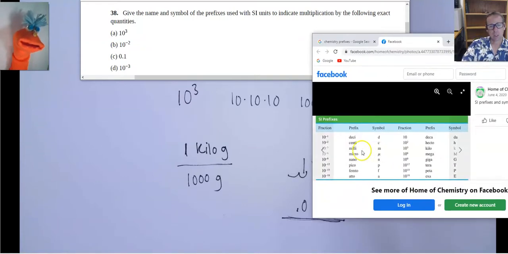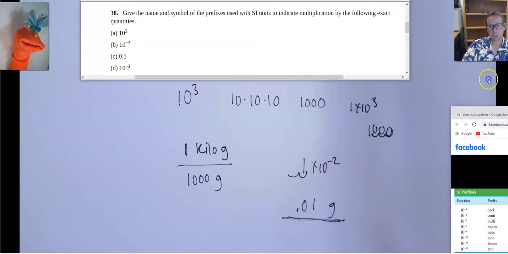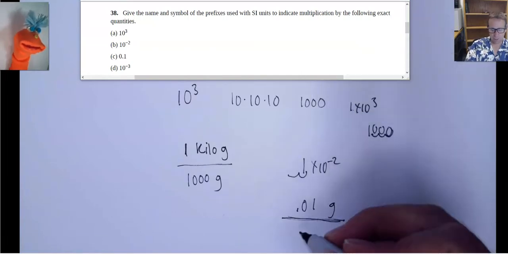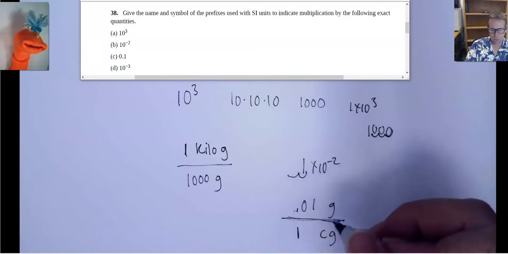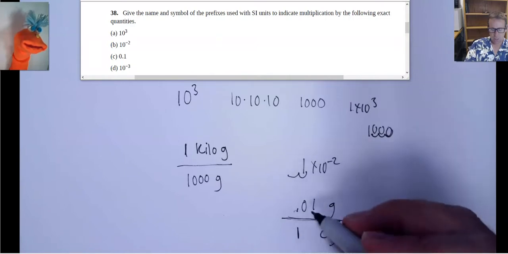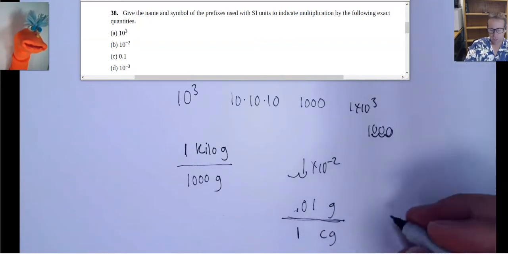All right. Here's 10 to the minus 2. Centigram. Okay. So, we're used to hearing terms like centimeter, but 1 centigram is 1 times 10 to the minus 2 grams, or 0.01 grams. Okay.